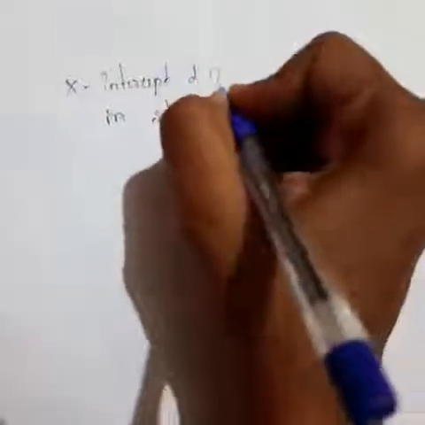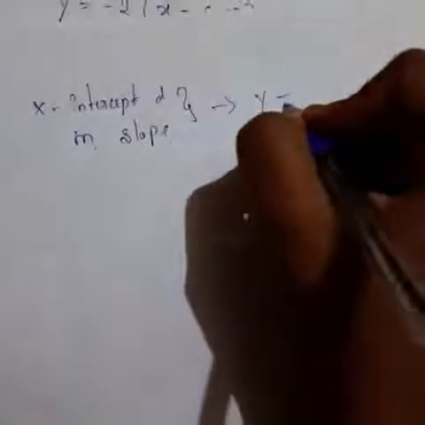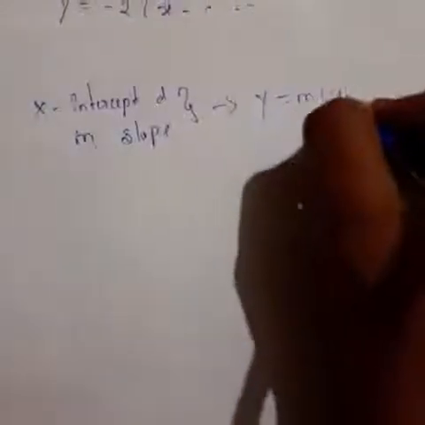Remember here, if they give the x-intercept, that is d, as well as m, that is your slope, then you have to use this formula, y is equal to m into x minus d.